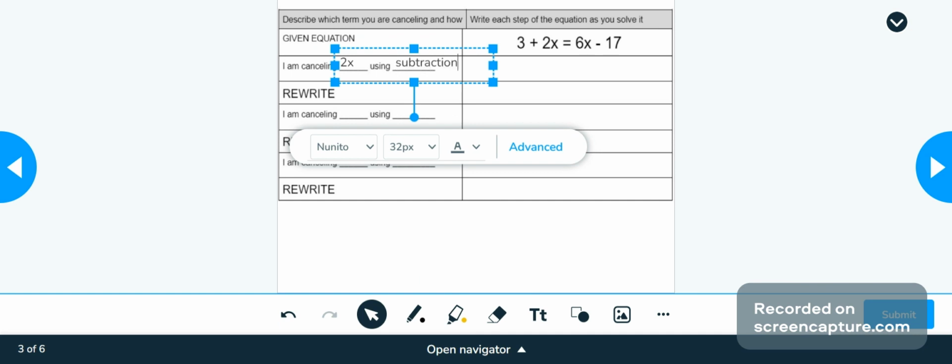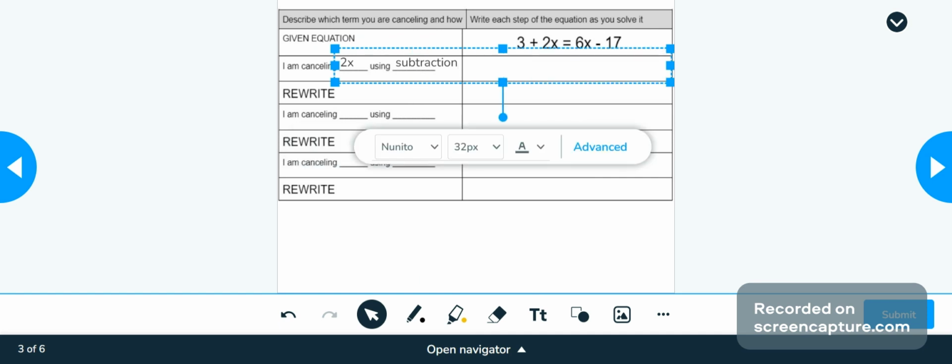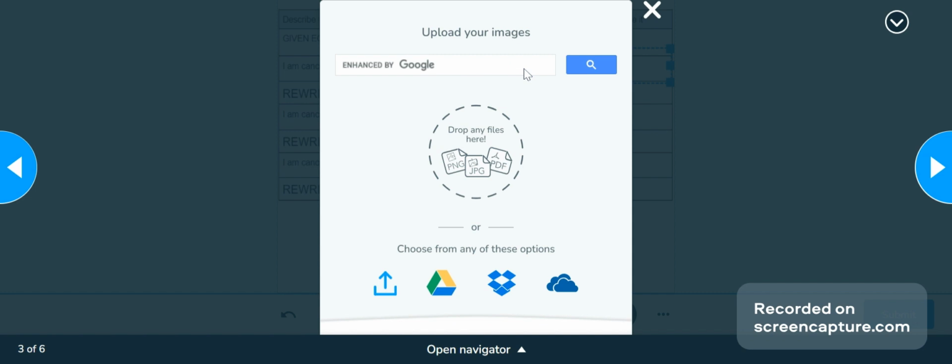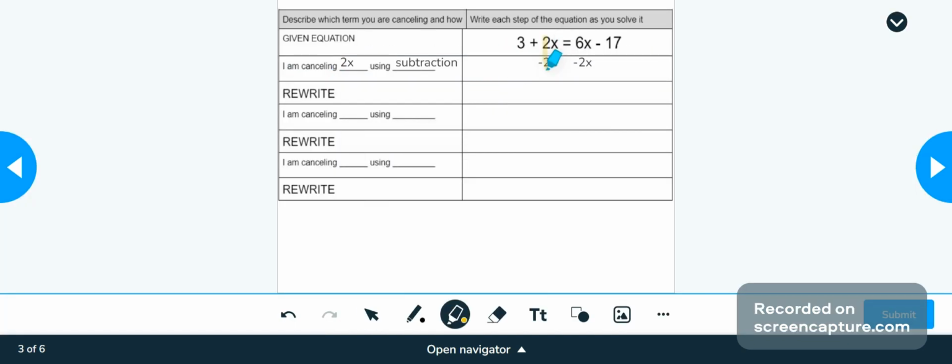And so when I subtract 2x on the right side and the left side, you're going to see that the 2x minus 2x cancels, and the 6x, take away the 2x, is going to not cancel, but reduce a little bit. I get that gone.